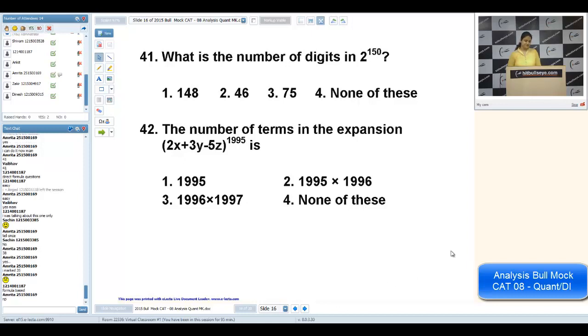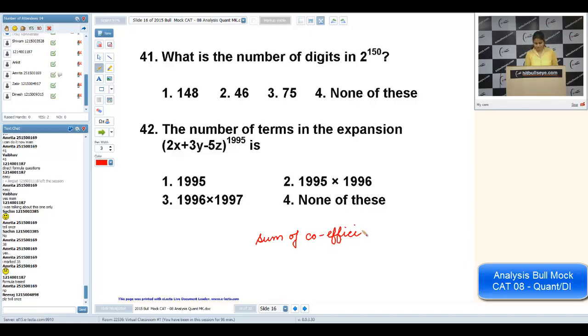Hitesh, here is a question for you. What is the sum of all the coefficients in question number 42? Yes, Neeraj, I'm coming to that. Hitesh, what should be the sum of all the coefficients in question number 42?